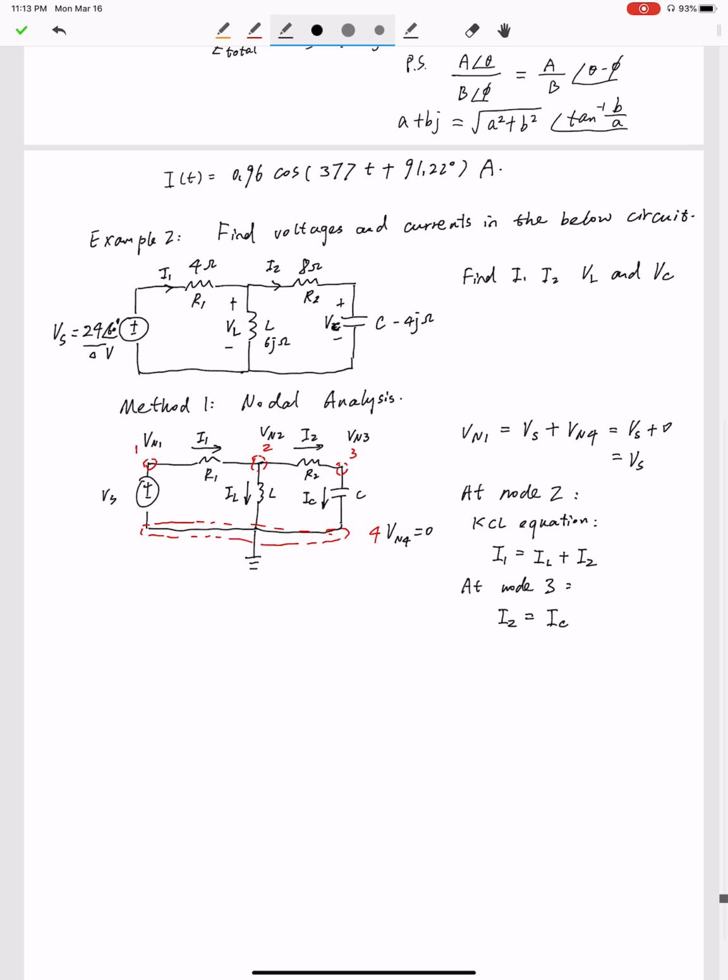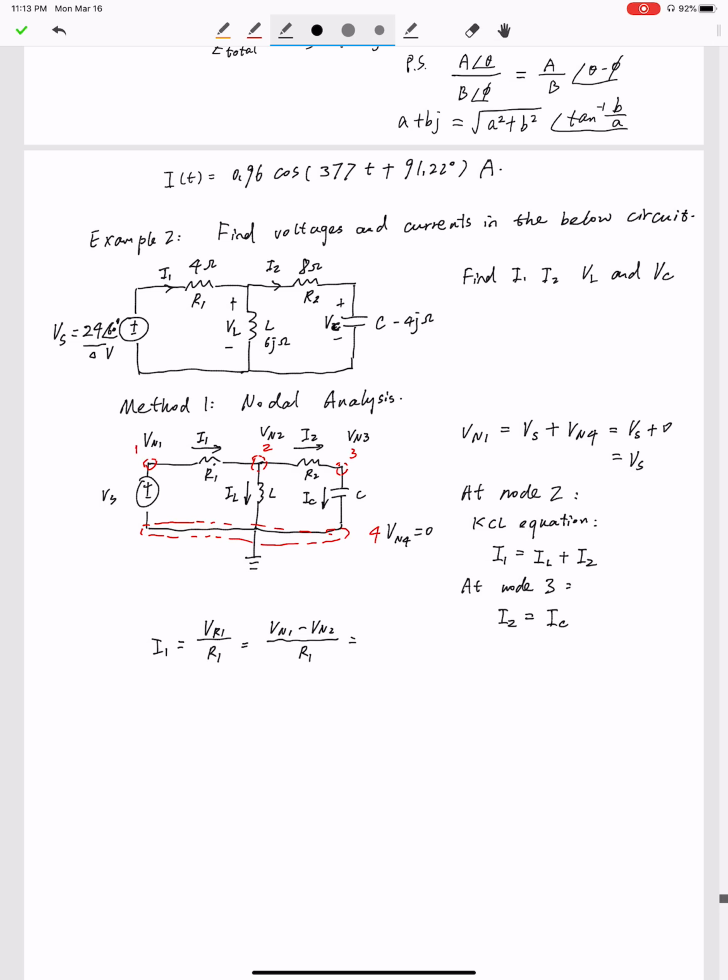Then we just need to represent I1, I2, IC, and IL using the unknown voltage variables Vn2 and Vn3. I1 is the current flowing through R1, and that is the voltage on R1, VR1, divided by R1. VR1 can be represented by Vn1 minus Vn2, all divided by R1.